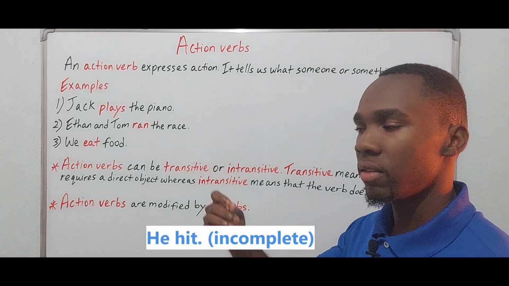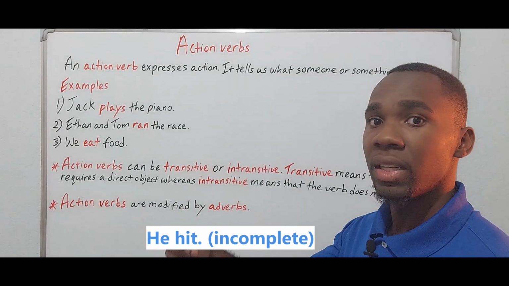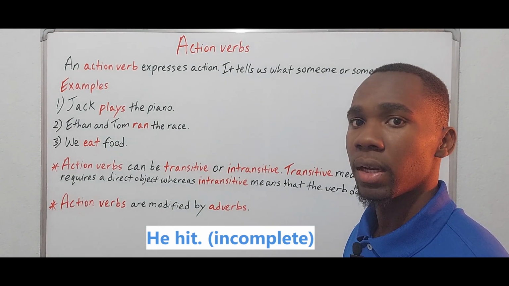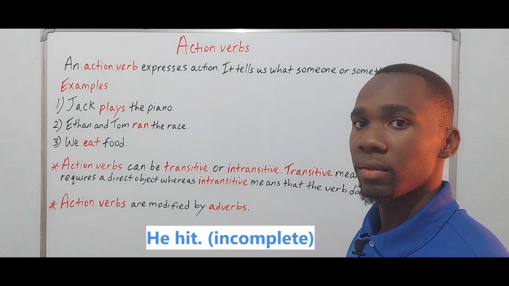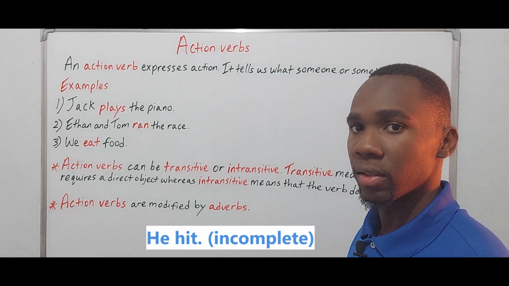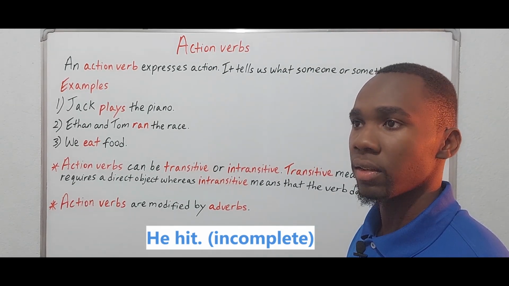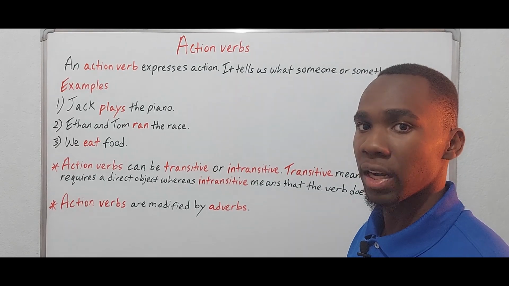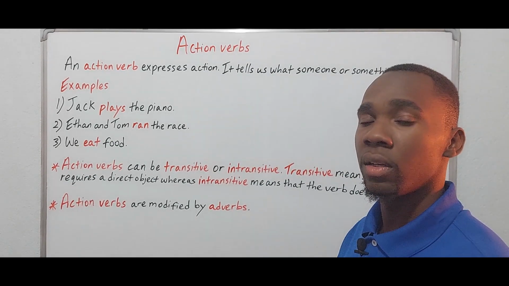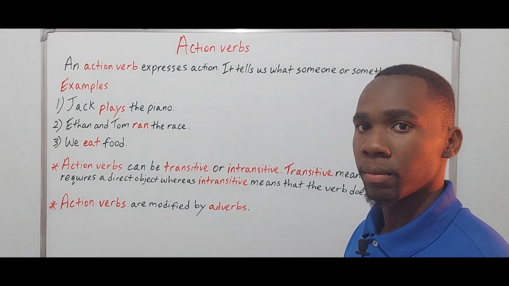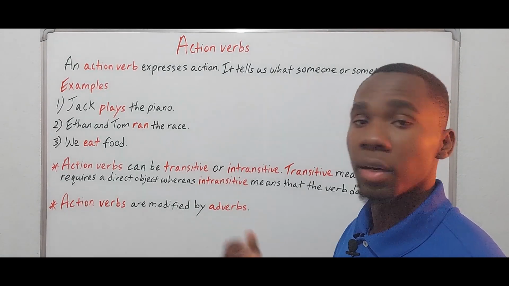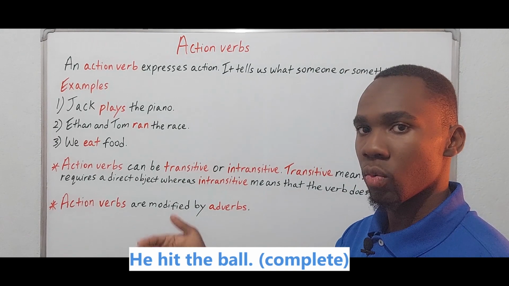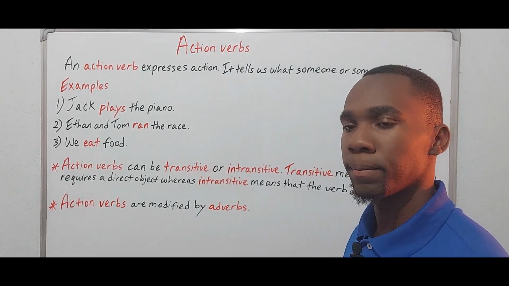We need someone or something to receive the hitting, right? So he hit would be ungrammatical. That would not be correct according to the rules of grammar. You need a direct object because it is a transitive verb, right? So that's just an example. So he hit the ball. So that is now complete and grammatical, right?